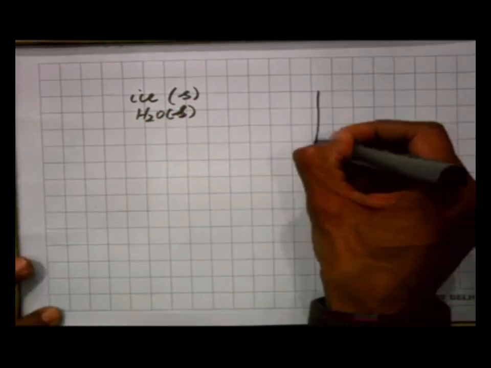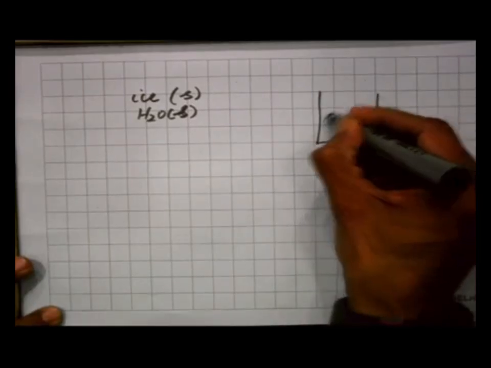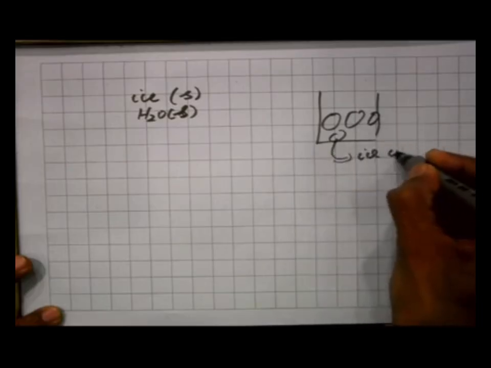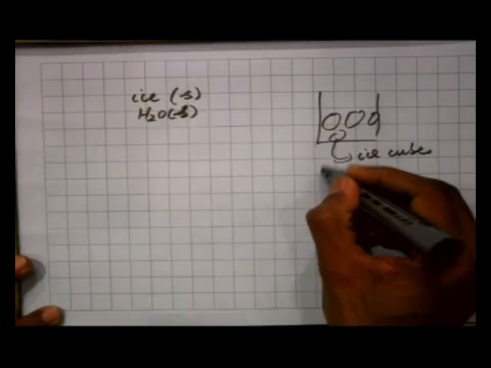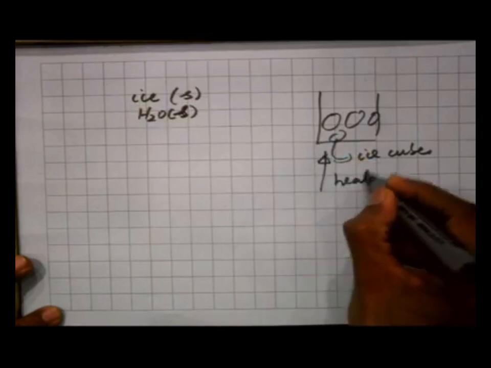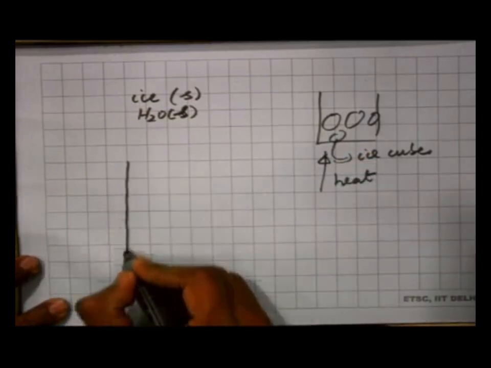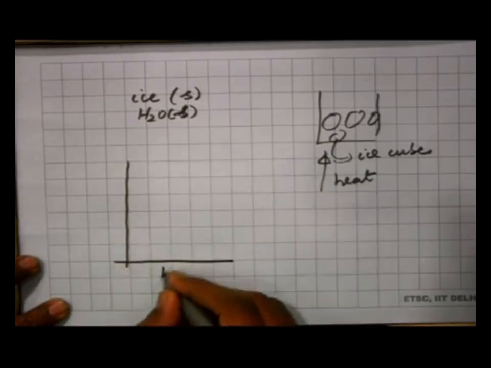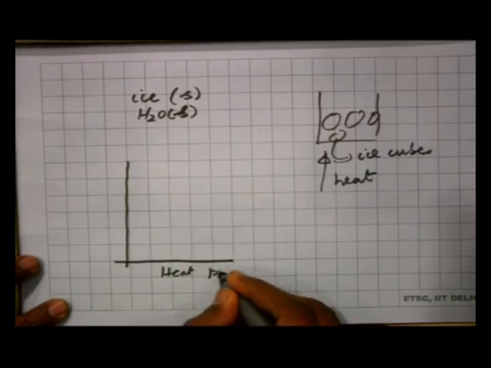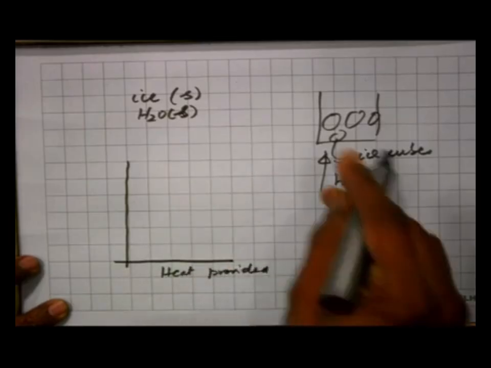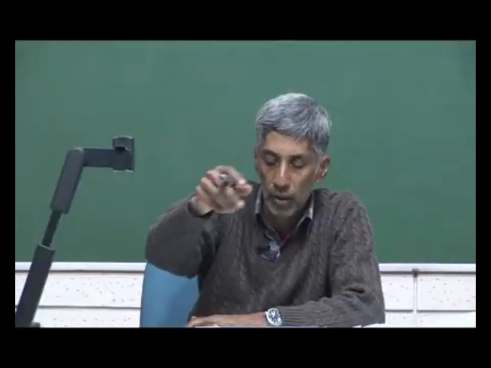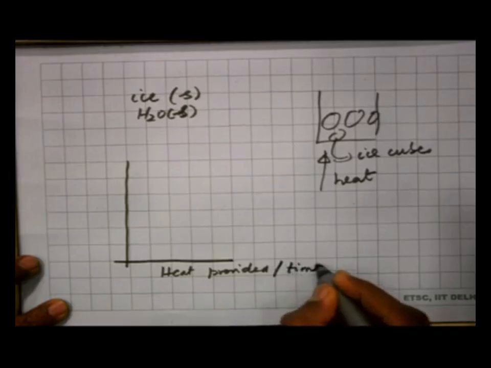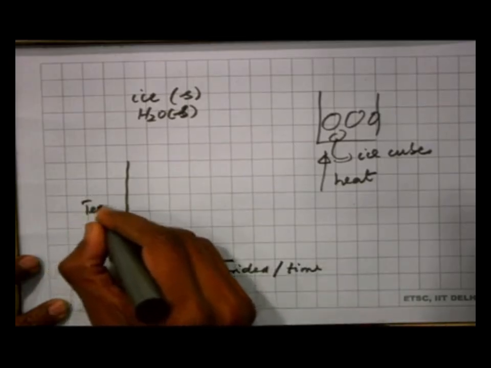We will take it in some container, we will take ice cubes and we provide heat to it, and we look at temperature as a function of time or heat provided. So, if you are providing a fixed amount of heat for a particular amount of time, I can say either heat provided or time, whichever it is, and temperature.